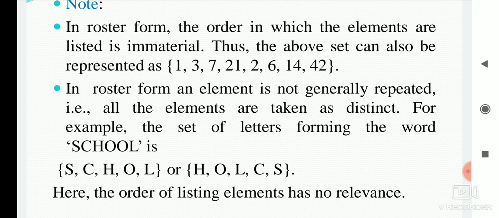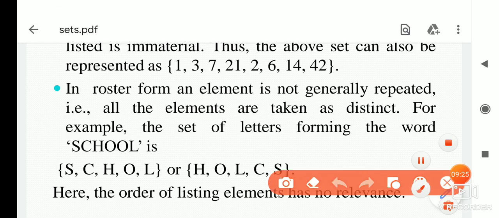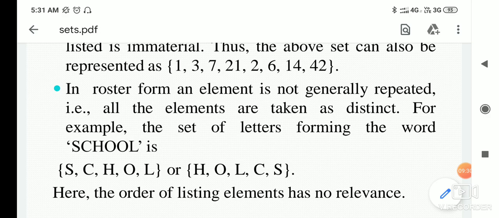For example, the set of letters forming the word school. If you want to write the letters in the word school in tabular or roster form, how will you write it? You have to write in a bracket. You have to use this type of bracket only, the curly bracket. Always use a curly bracket while you are representing any set. So let's see how to write the letters in the word school.